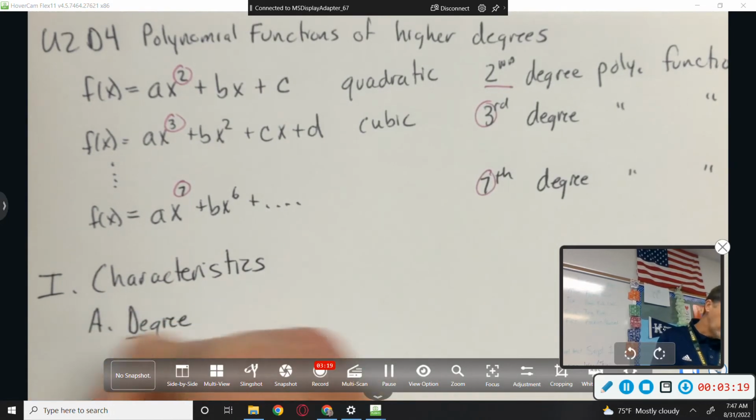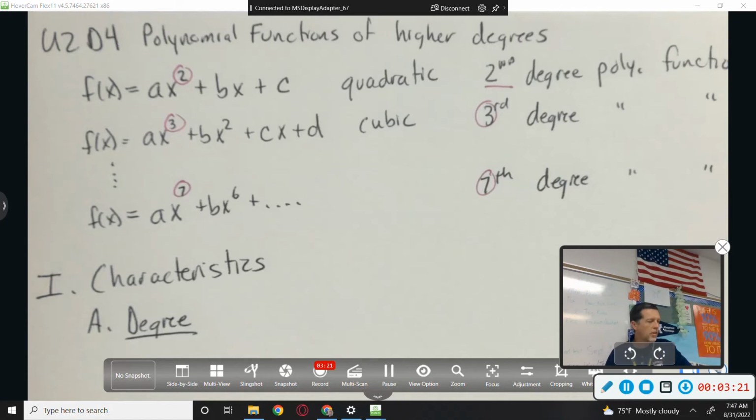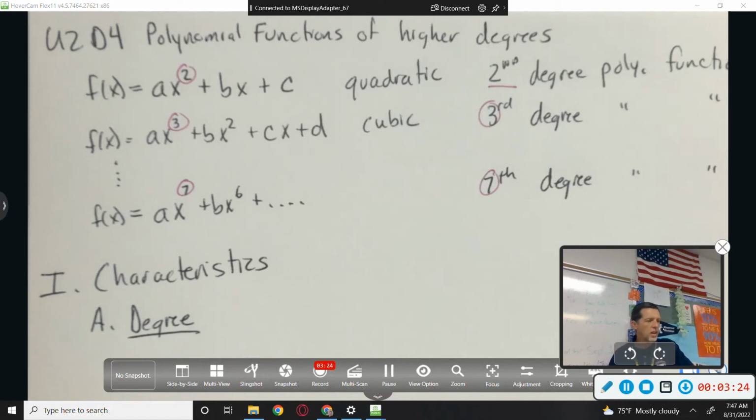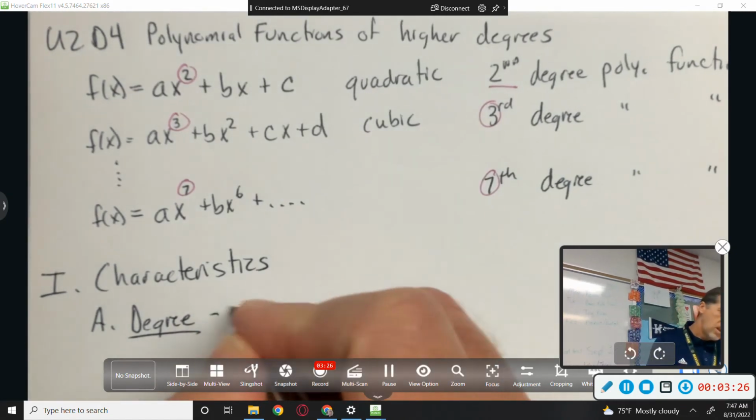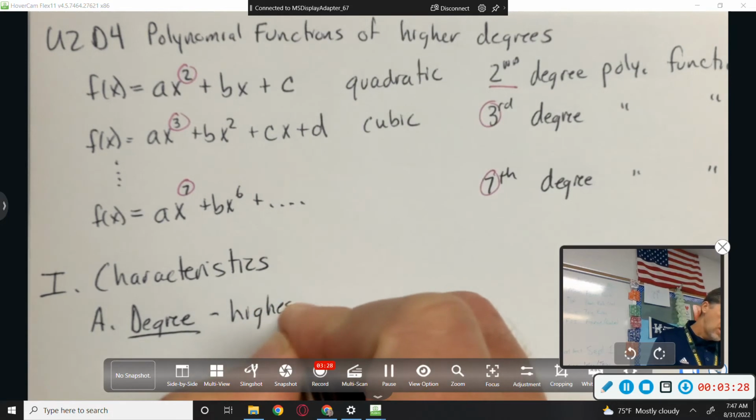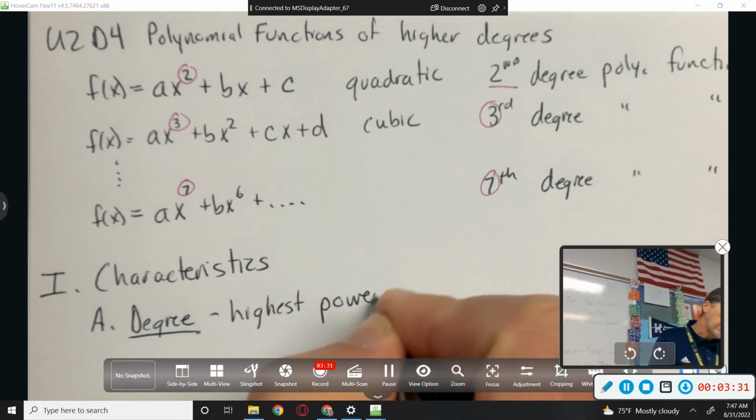First characteristic, we've already used this word, their degree. It is the highest power of x.